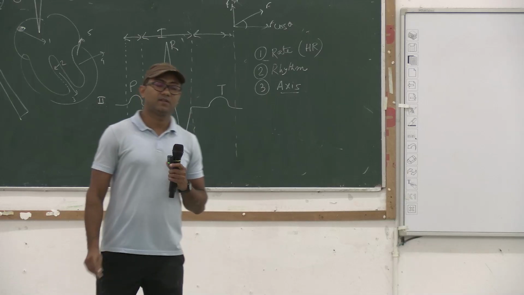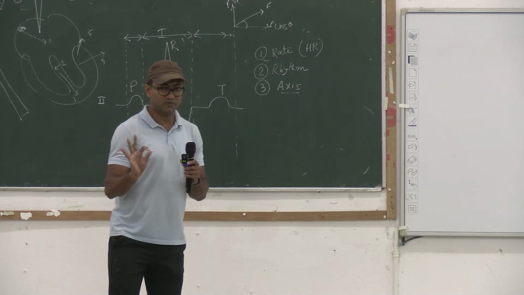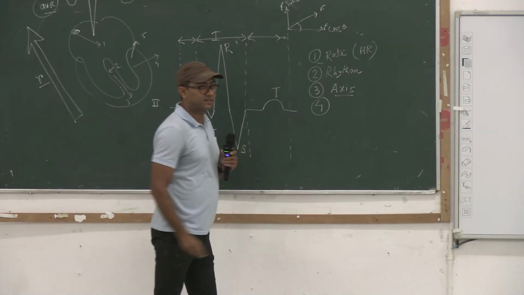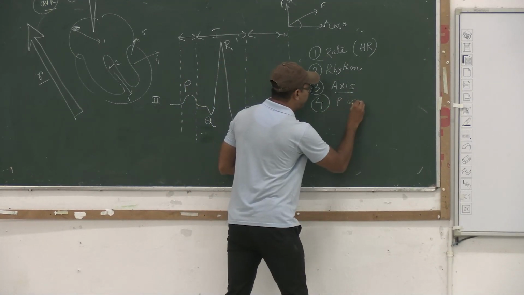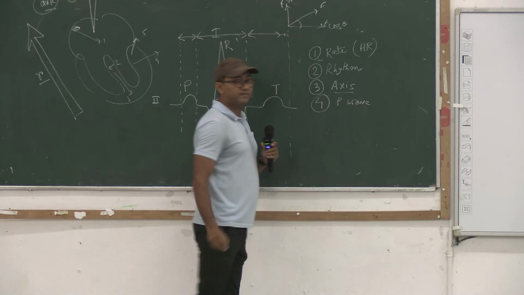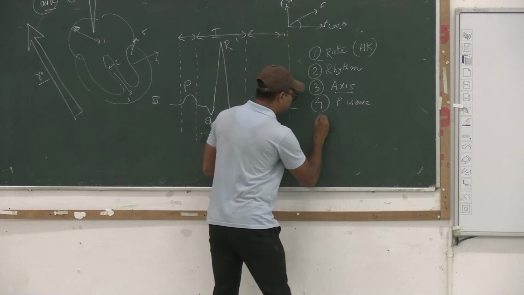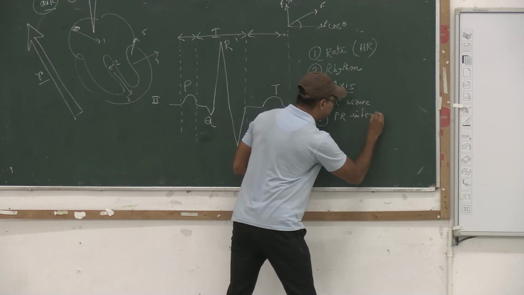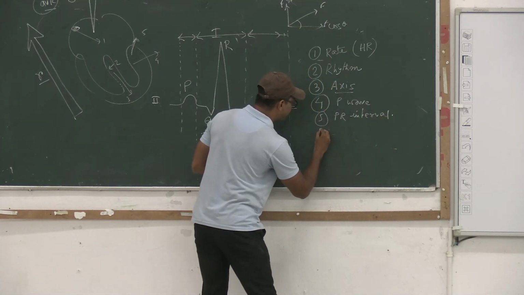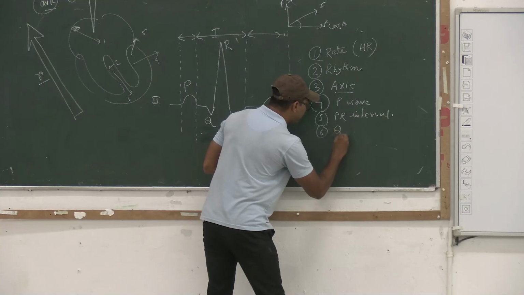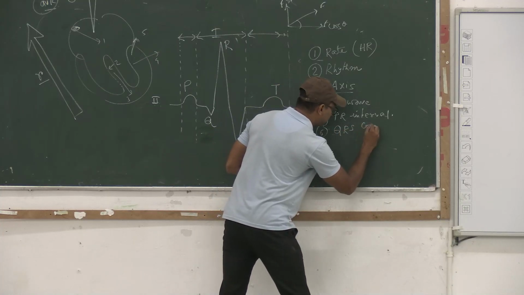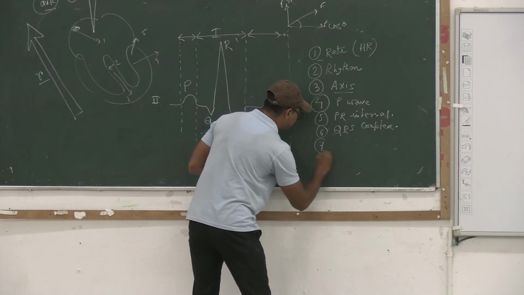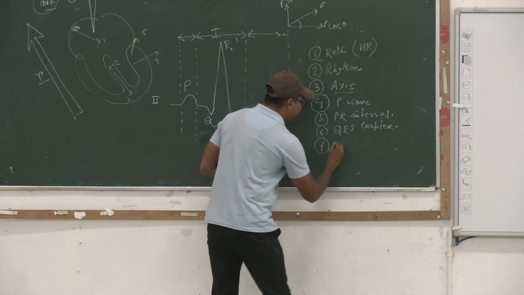How to check the axis from the ECG, I will not teach now. So: rate, rhythm, axis, then P wave, whether the P wave is normal or not. Next, PR interval. Next, QRS complex. Next, ST segment.